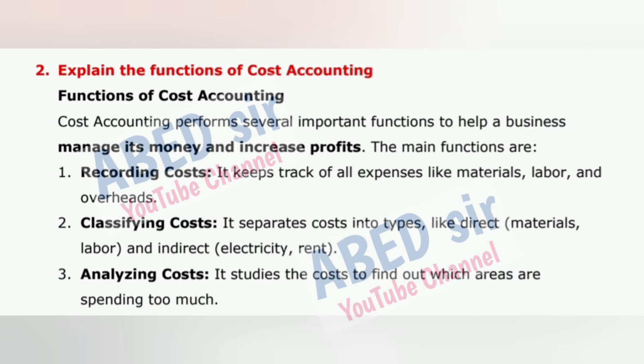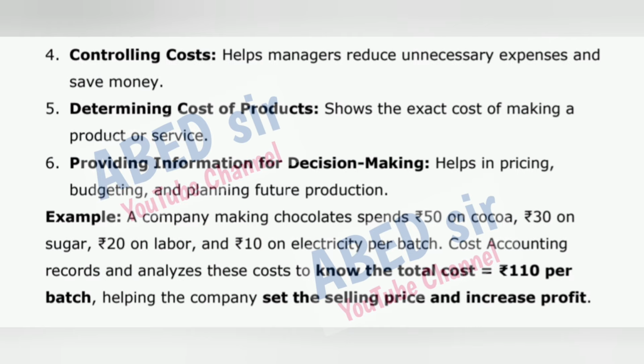Classifying costs. It separates costs into types like direct, materials, labor, and indirect, electricity, rent. 3. Analyzing costs. It studies the costs to find out which areas are spending too much. 4. Controlling costs. Helps managers reduce unnecessary expenses and save money.